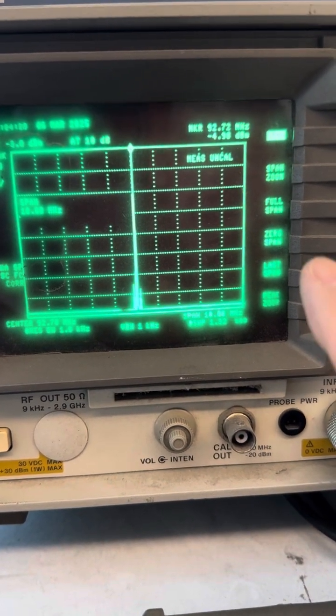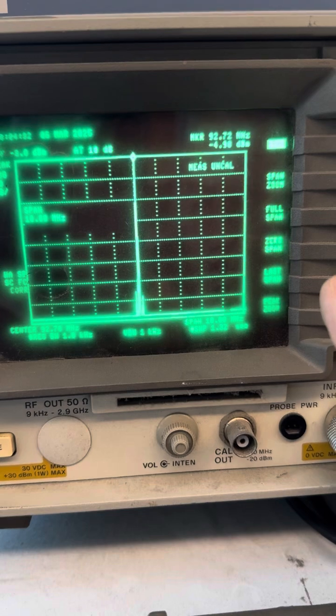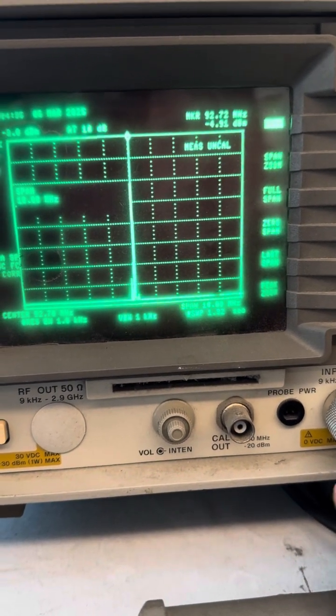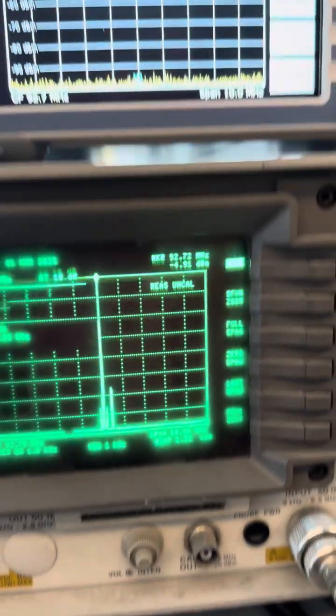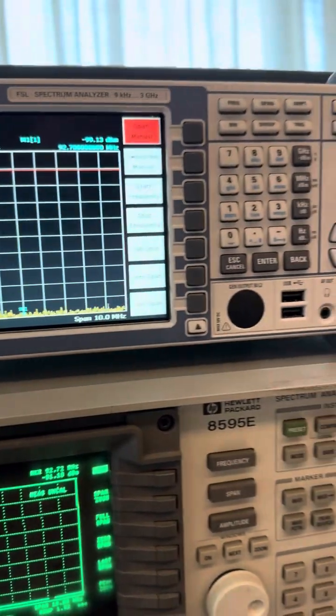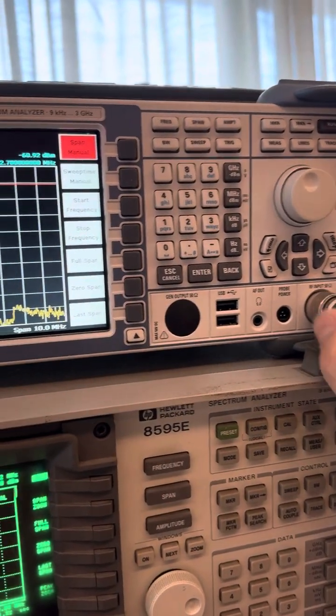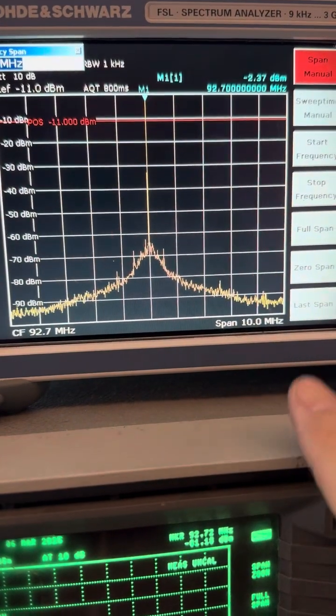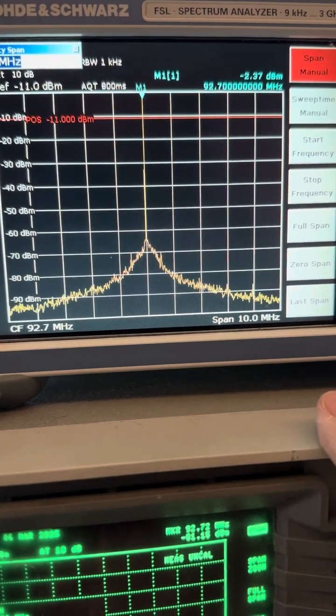Here I'm measuring your transmitter, which is 92.7 megahertz. I will show you we made exactly the same measurement with another spectrum analyzer, just to show you that we can compare the two measurements. The two settings are exactly the same for the two analyzers.